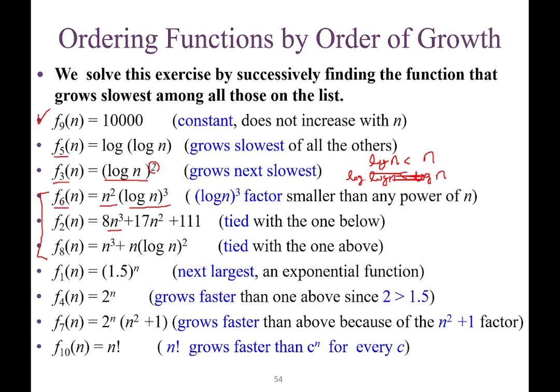So f6 is lower than f2. Then how do we consider f2 and f8? We have three terms adding together: n to the power of 3, n squared, and the constant. And we have n cubed plus n times log n squared.